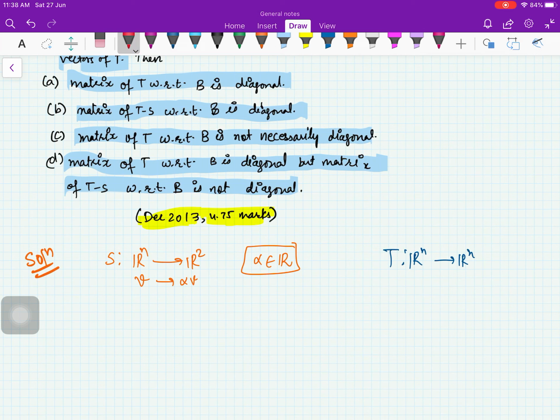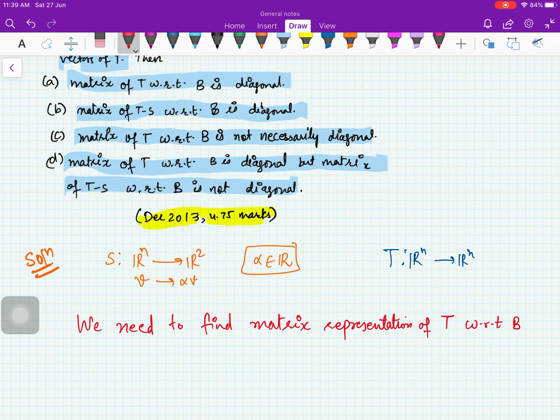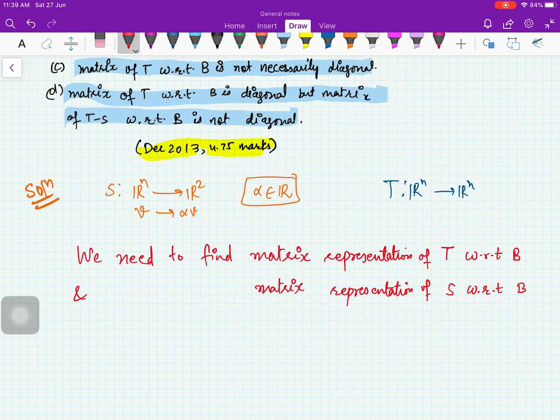So let me say what I said again. We need to find the matrix representation of T with respect to B and matrix representation of S with respect to B. We denote these matrices by TBB and SBB.